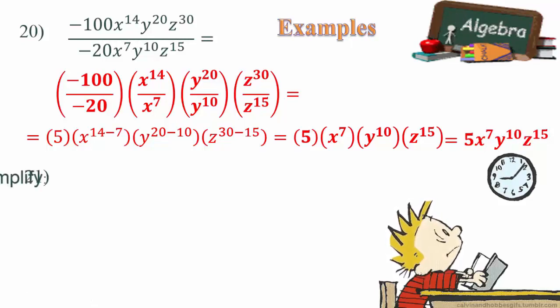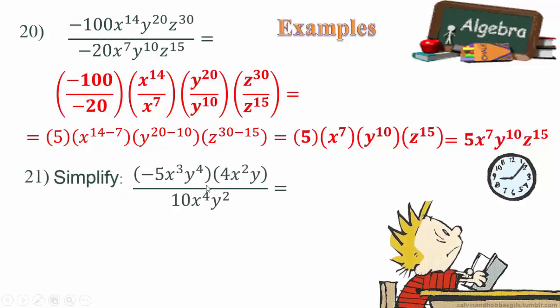In example number 21, we're asked to simplify negative 5x cubed, y to the 4th, times 4x squared, y, and all this divided by 10x to the 4th, y squared. Let's work this out on the whiteboard in detail to see how it is done.